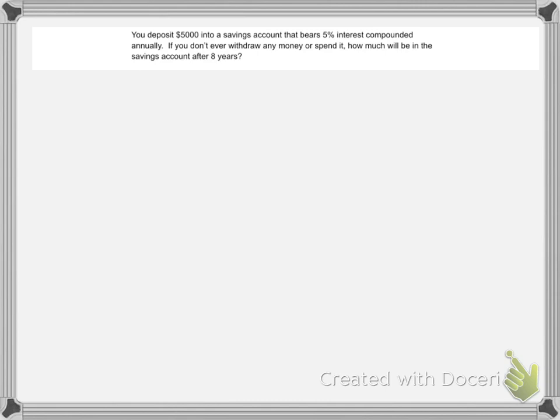Because we start out with you deposit $5,000 into a savings account, so we start off with $5,000. Okay, and then since it's 5% interest compounded annually, the value of the balance in the savings account is going to increase by 5% each year.